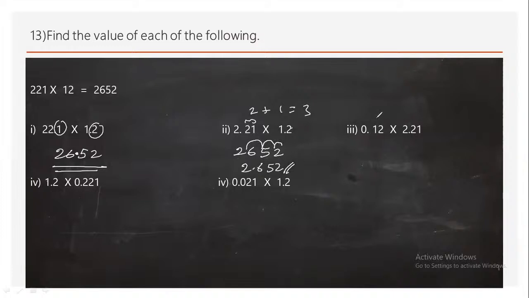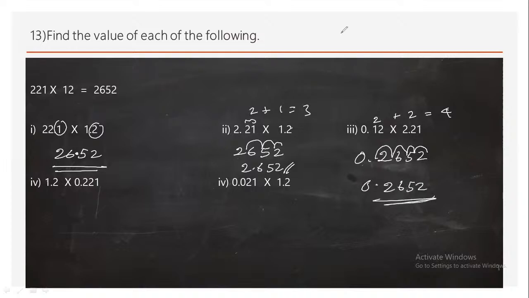And look at here 2 decimal places. Here 2 decimal places, altogether 4 decimal places. 12 into 221 is 2652. Separate the decimal places. 1, 2, 3, 4. Now decimal is here. 0.2652. Let's do the next sum also.